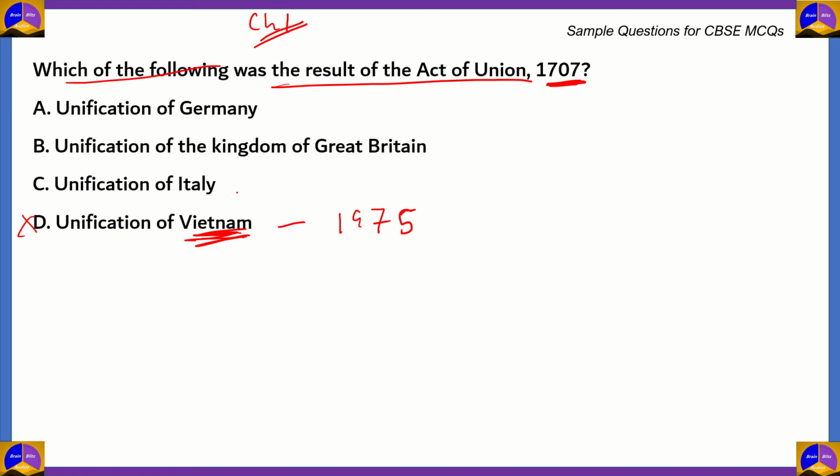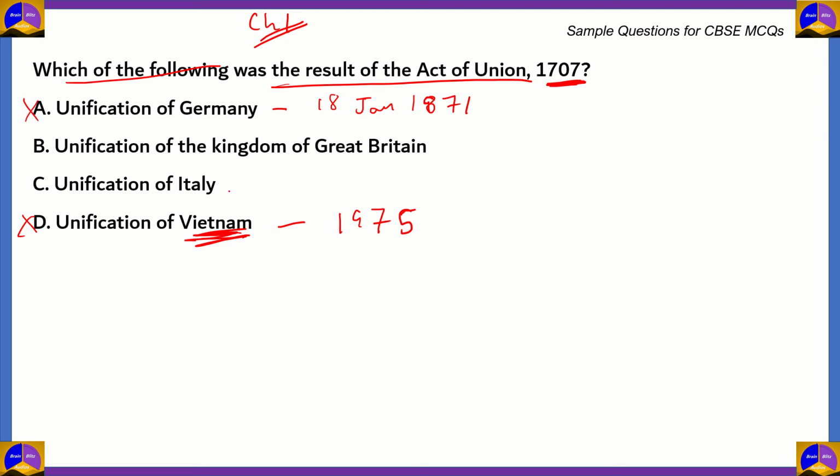Now, let's look at each of the unifications and their dates. In option A, Germany was unified by Otto von Bismarck, and its ruler, Kaiser Wilhelm, was announced on the 18th of January, 1871. However, this Act of Union was taken in 1707, so therefore option A is incorrect.